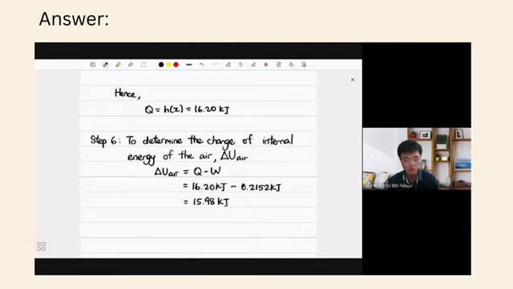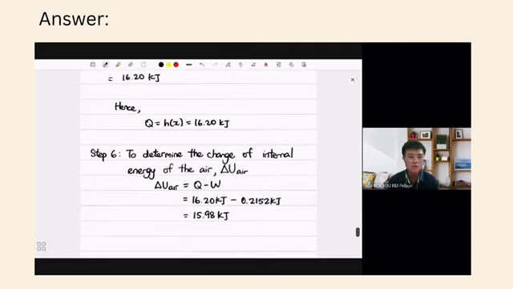The Q, for the heat transfer, is 16.2 kilojoule minus the work done, which is 0.2152 kilojoule. Then at last, we'll get our answer as 15.98 kilojoule. So that's all for the solution. Thank you.